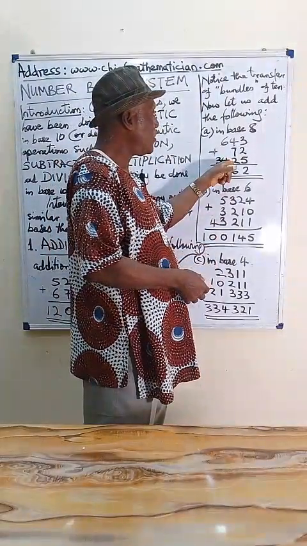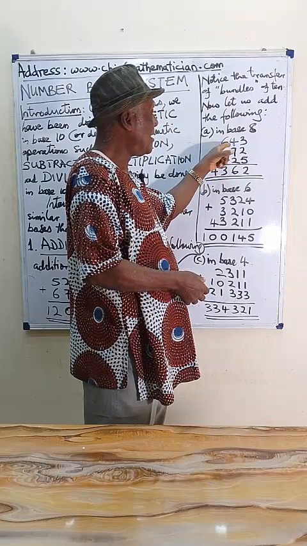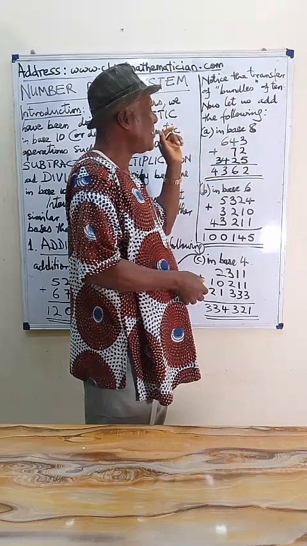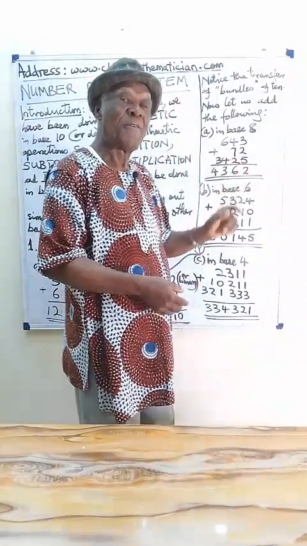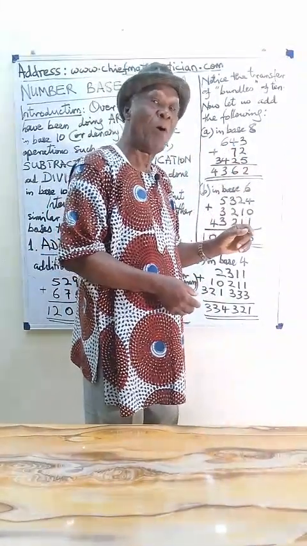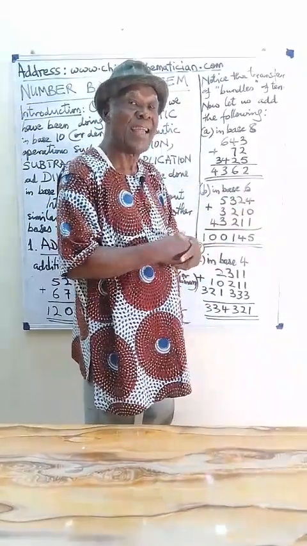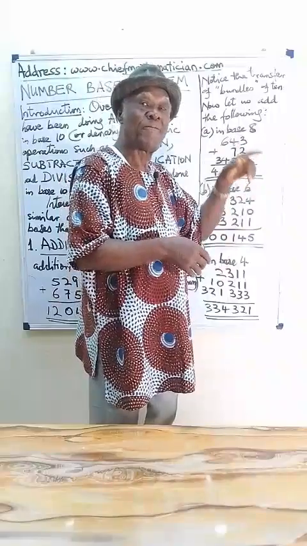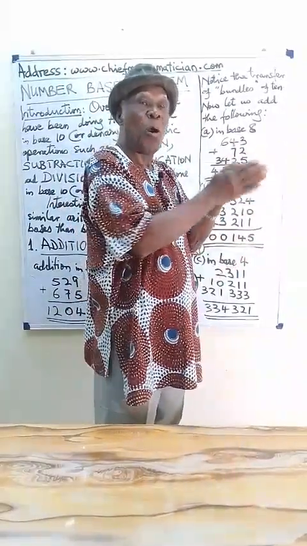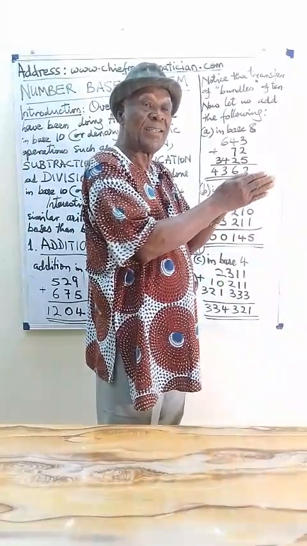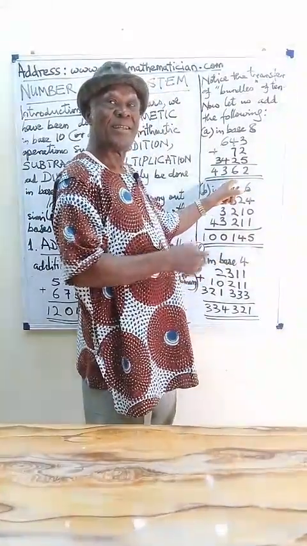Add it to 2, you get 3, plus 7, you get 10, plus 4, 14. 14 is not one bundle of 10 and 4. No, because you are no longer in base 10. So that 14 now in base 8 is one bundle of 8, remainder 6. You put down the 6 and carry 1.